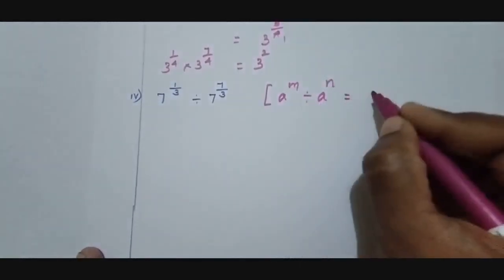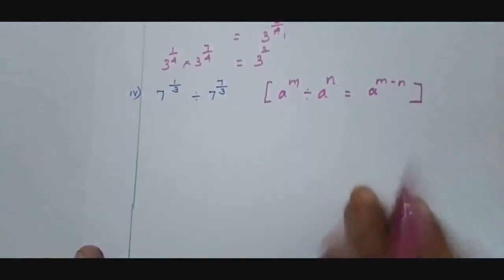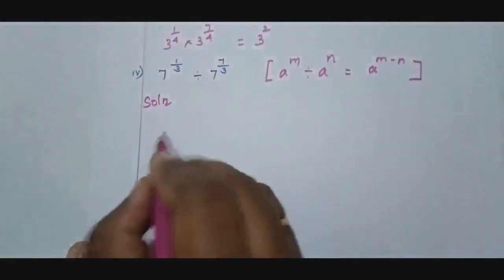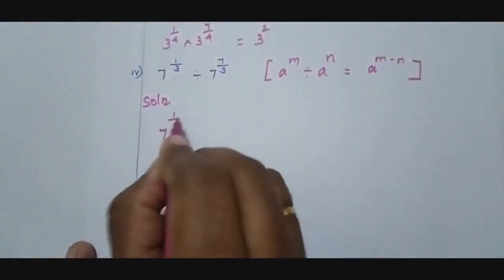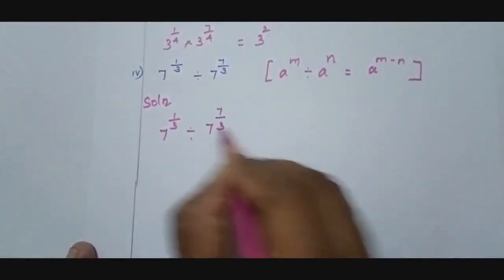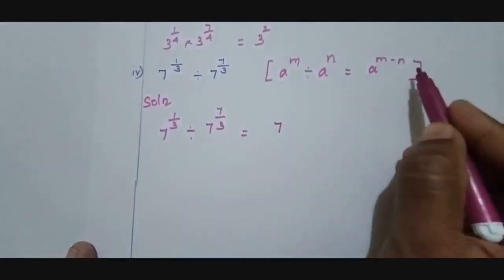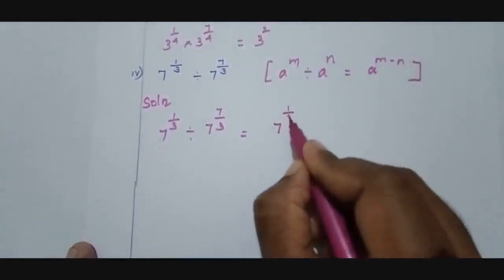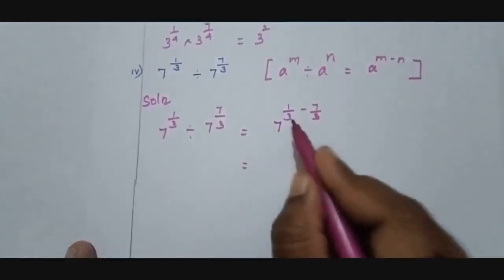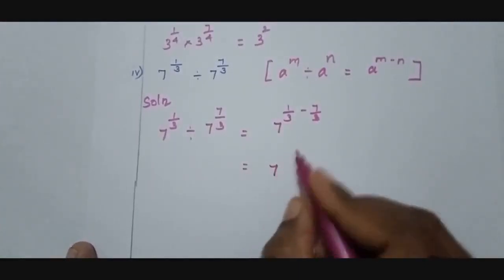Yes, this is equal to a power m minus n. 7 power 1 by 3 divided by 7 power 7 by 3 is equal to 7 power m minus n. So 1 by 3 minus 7 by 3. So here the denominators are same. So write the base as such.